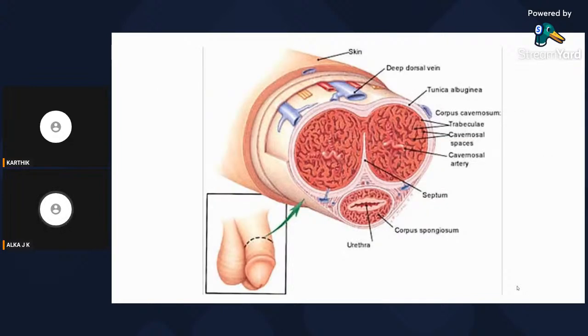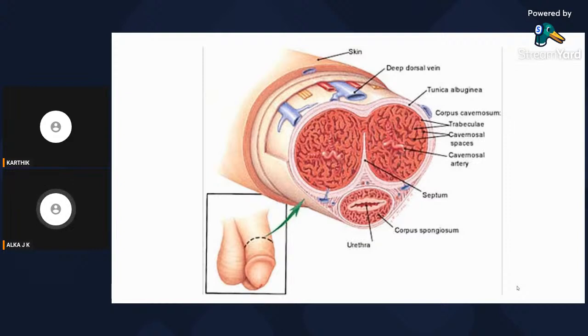If we take a section of the penis at the time of dissection, you can see two parallel-running corpora cavernosa, and below them the rounded structure, the corpus spongiosum.